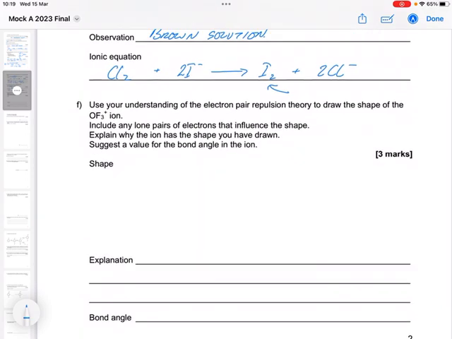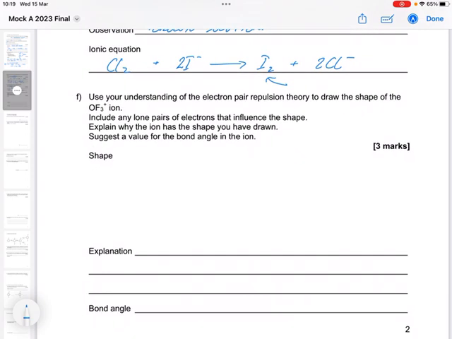And then F, use your understanding of the electron pair repulsion theory to draw the shape. Include lone pairs that influence the shape and explain why the ion has the shape you've drawn. So we need to explain it, and then we need the bond angle.